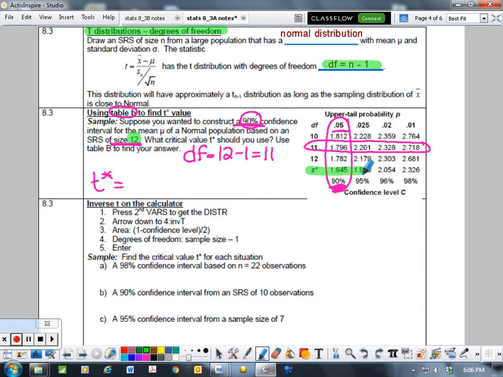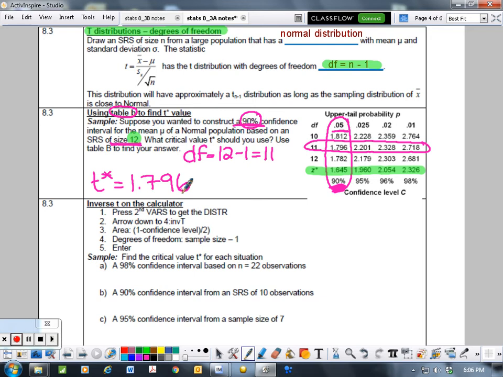It tells you z-stars for those confidence intervals right there, which is really nice, unless you're doing something like a 92% or 93%, which isn't in there. But it gives you the more common confidence levels that we use. So if I'm doing 90% with degrees of freedom 11, my t-star is 1.796.